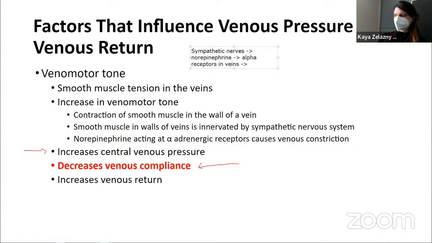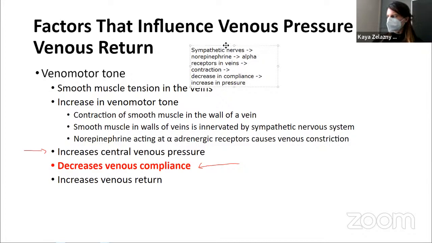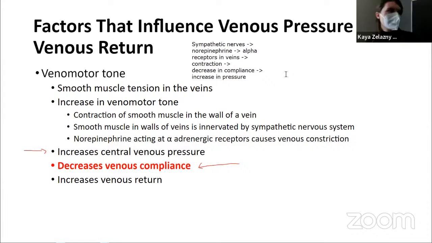This causes contraction, which causes a decrease in compliance, which causes an increase in pressure. So that's the cascade of things that are happening here.